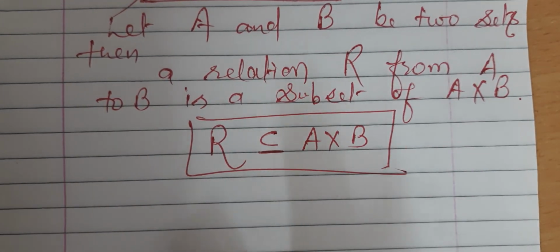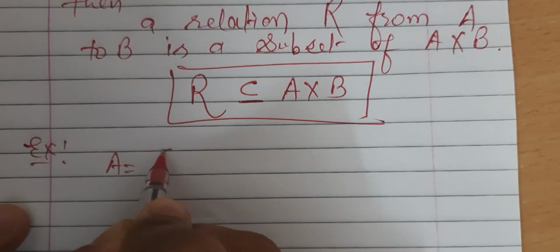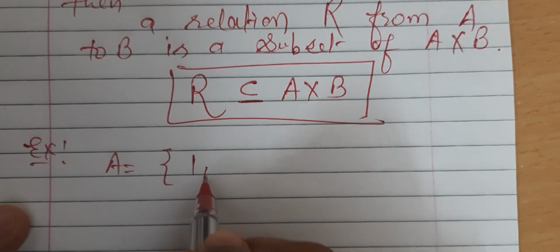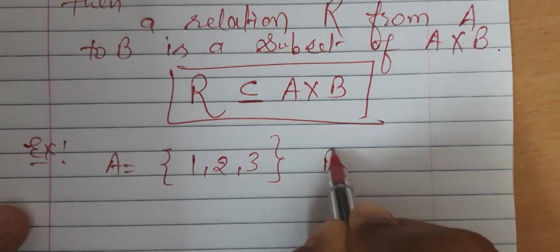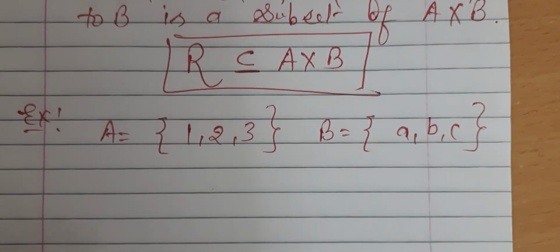Now let us take one example. Suppose we are given two sets, set A whose elements are 1, 2 and 3, and set B whose elements are a, b and c.